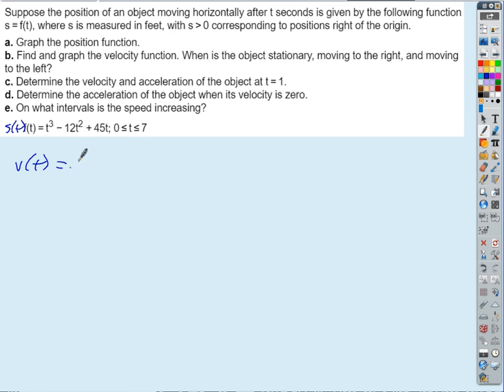I'm just going to differentiate: 3t squared minus 24t plus 45. What's the acceleration? 6t minus 20. That's all we need to do all this stuff, right?